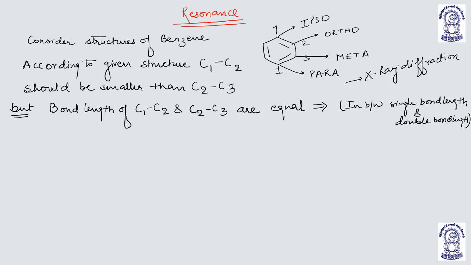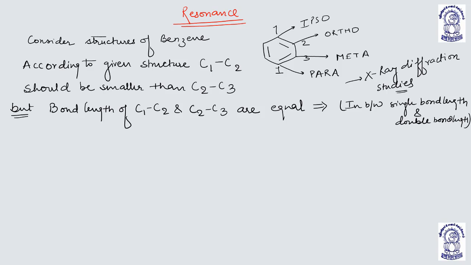We can say the average of the single bond and the double bond, or we can say more near to the double bond and less or more far to the single bond. So these X-ray diffraction studies and spectroscopy help us to reveal that bond lengths are equal. It means the electrons are basically moving, the double bond is moving from one position to the other position. That is why there is a need to draw different structures of benzene.